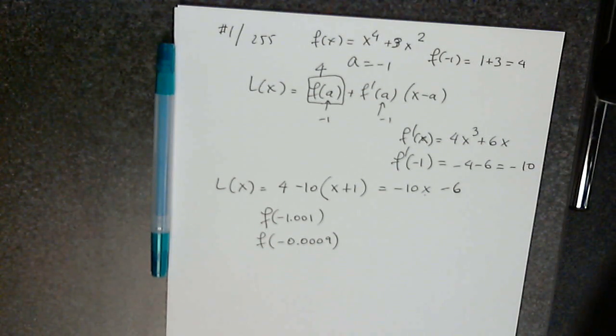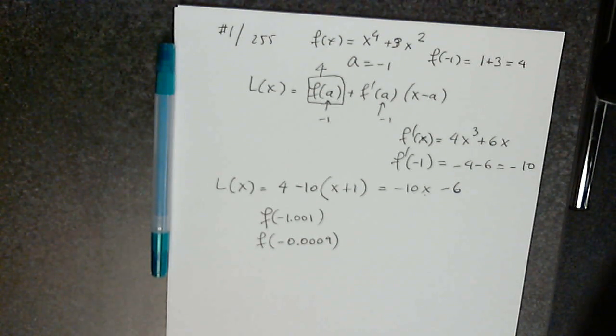So in y1 I have x to the fourth, and then I have plus 3x squared. Of course, I always do that with the software. X to the fourth outside plus 3x squared. And then the second function is the line, which is -10x, and then -6.